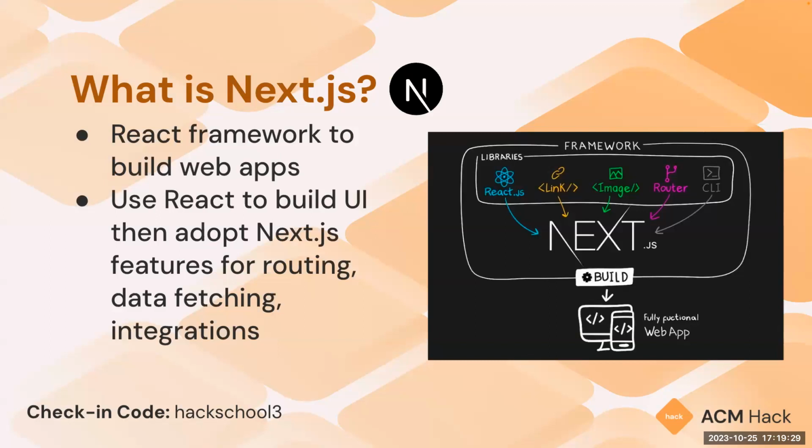The next thing that we're looking at is Next.js. Next.js is built on top of React. It's also open source, a JavaScript framework, and it gives us a lot of tools to be able to easily create a production-ready web app.